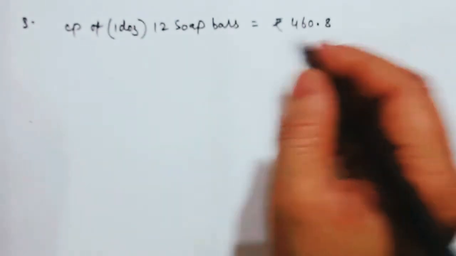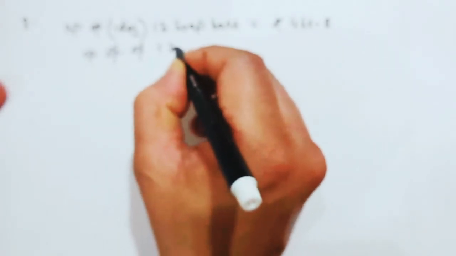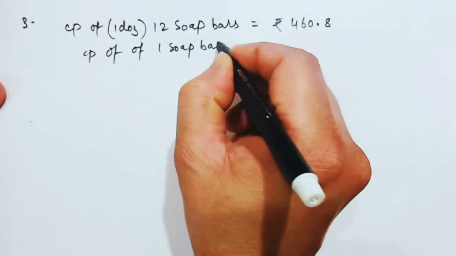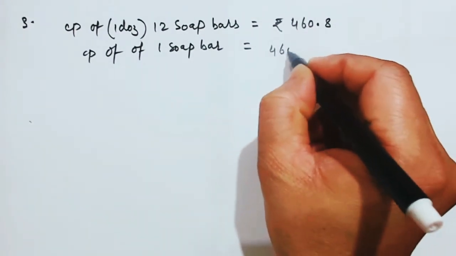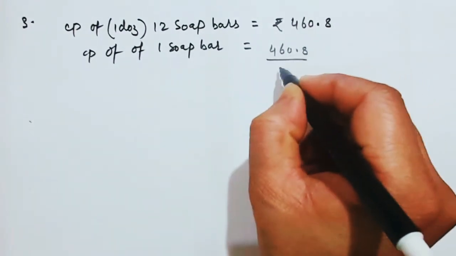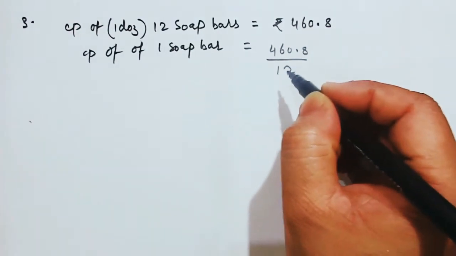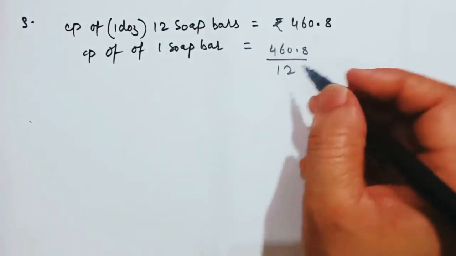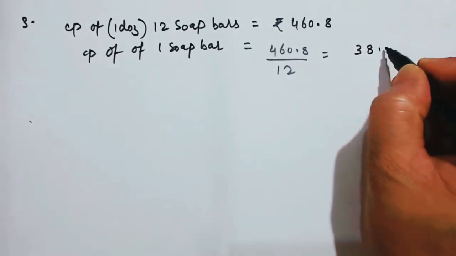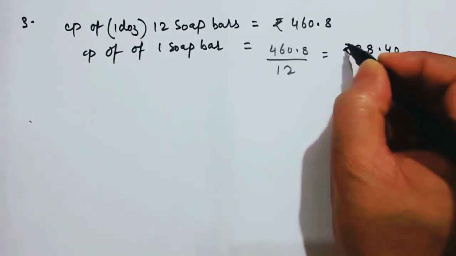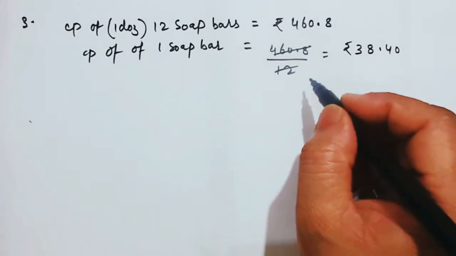Okay, CP is the cost price. CP of 1 soap bar will be equal to how much? Naturally 460.8 divided by 12, isn't it? Divided by 12, and here you get your answer, 38.40.